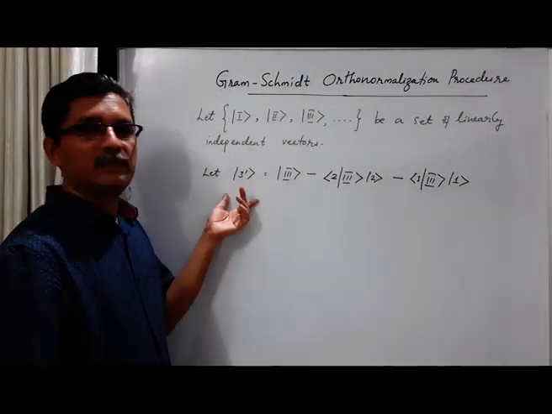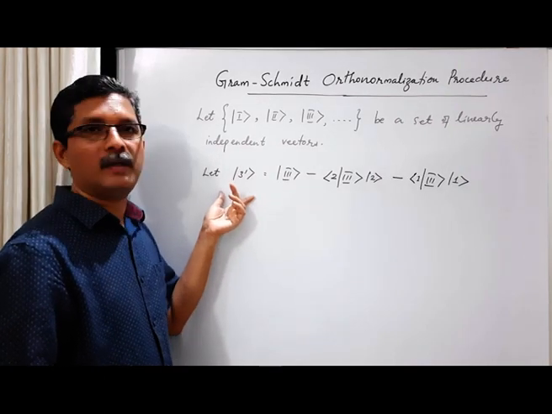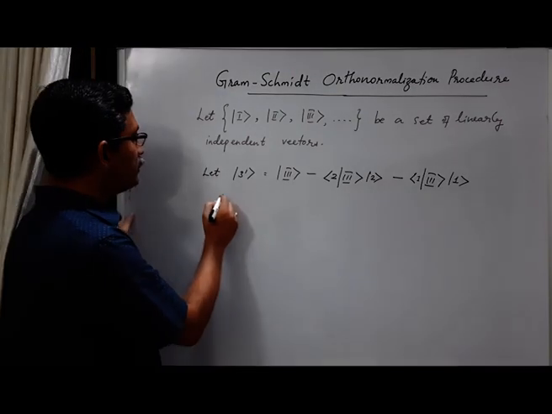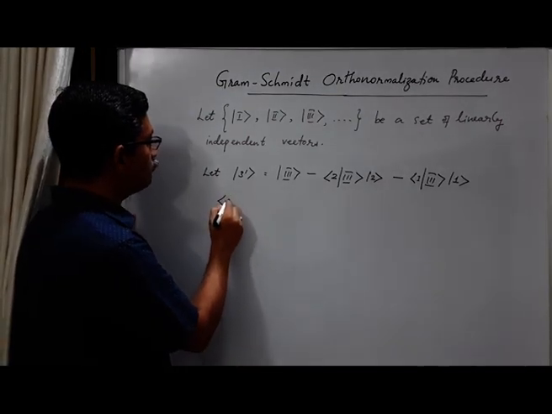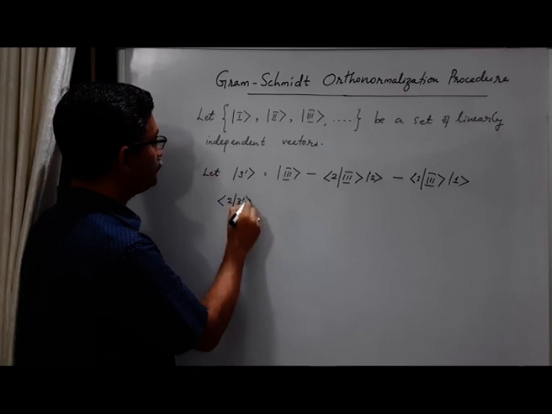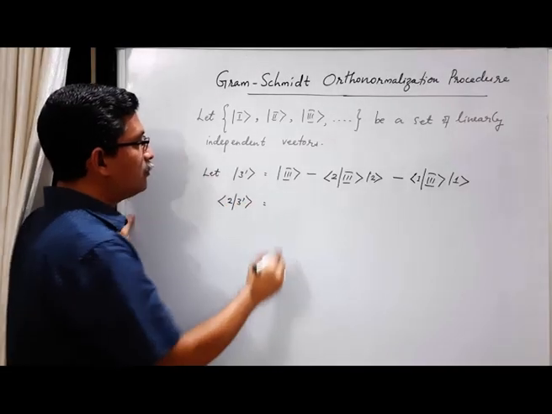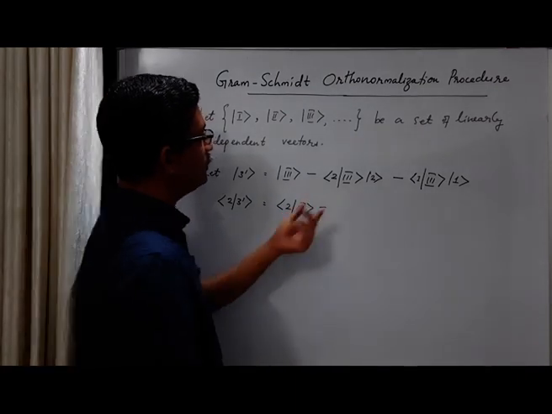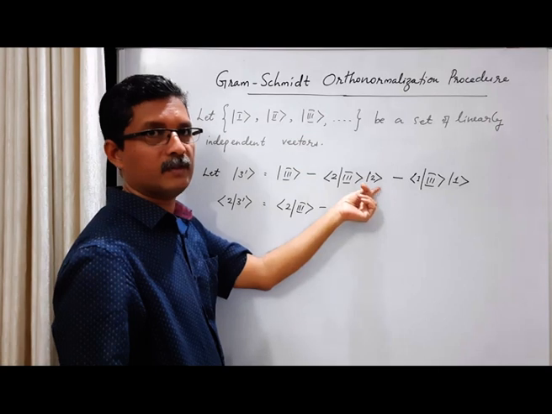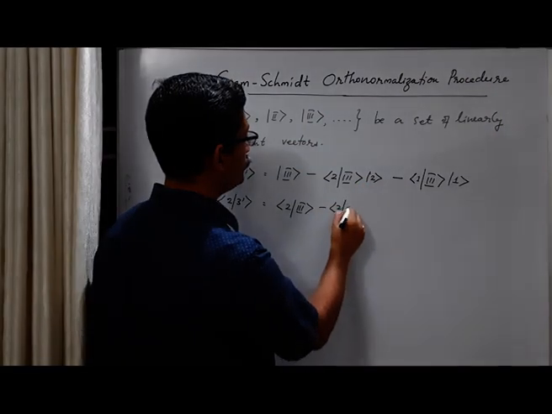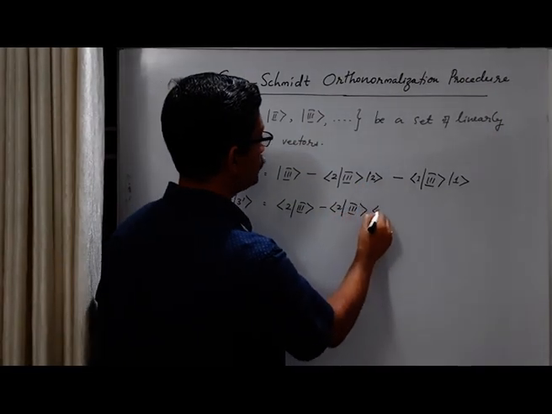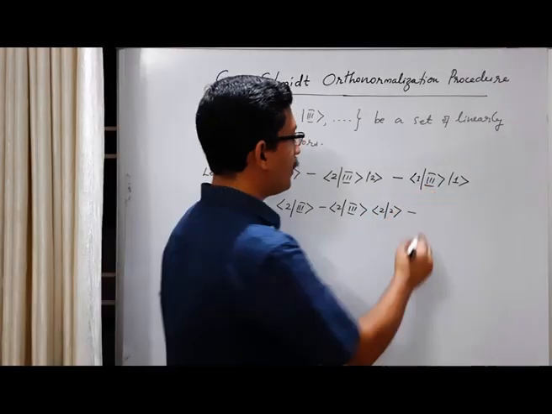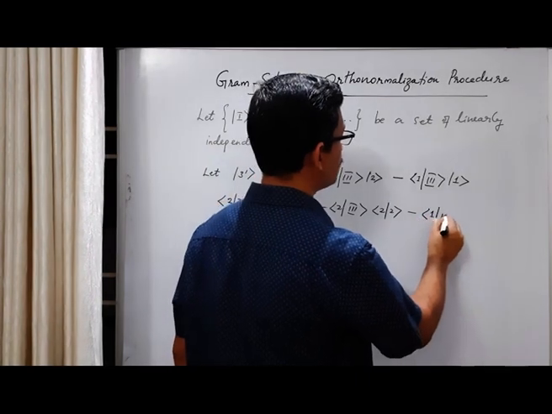So it's guaranteed that this vector will be perpendicular to both 1 and 2. Okay, we can verify that. Find ⟨2|3'⟩. What is that? It is ⟨2|3⟩ minus, this is a scalar, so we have to take the inner product with this one. So we have ⟨2|3⟩⟨2|2⟩ minus, this is again a scalar, so it remains like that.